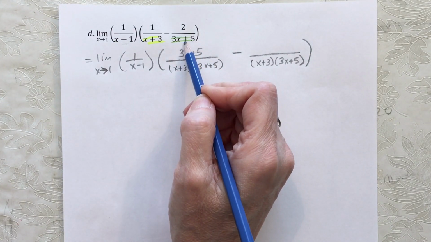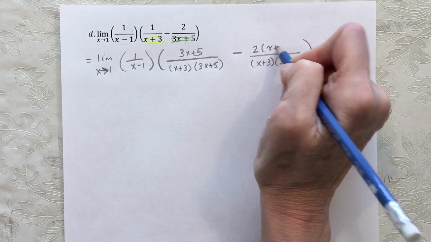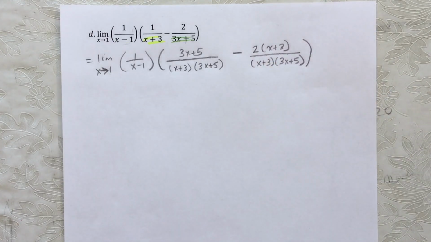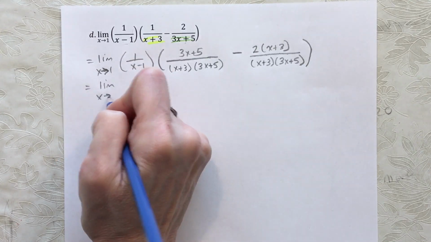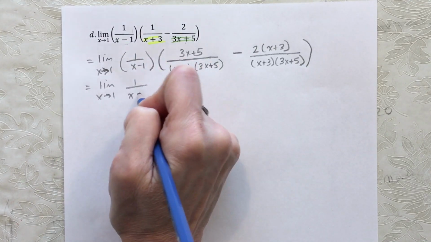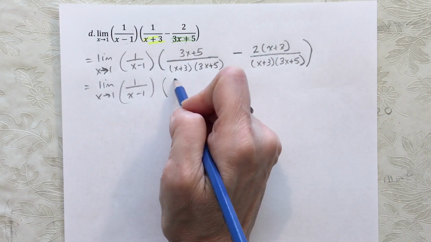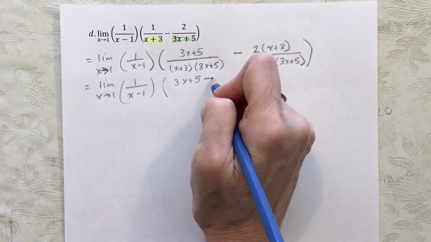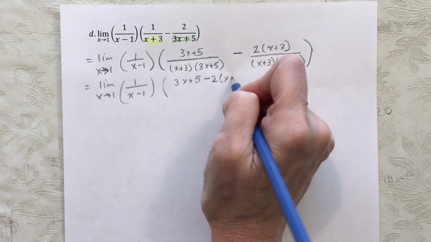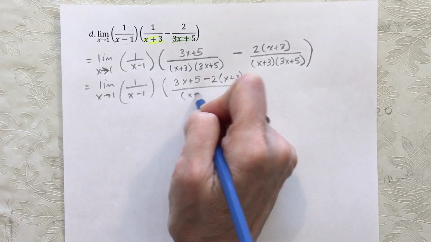And this one I had to multiply the bottom by x plus 3, so I'm going to multiply the top, which is a 2, by x plus 3. So now I can subtract the numerators in the second bracket over the common denominator.